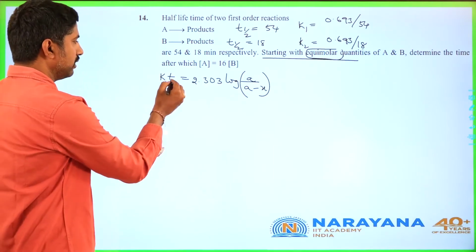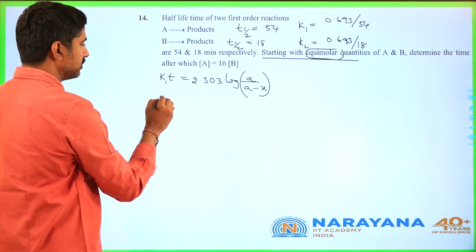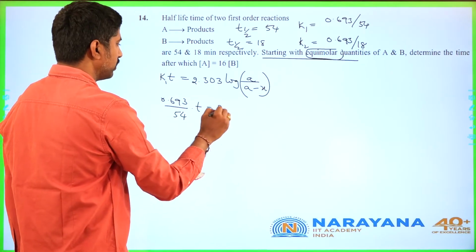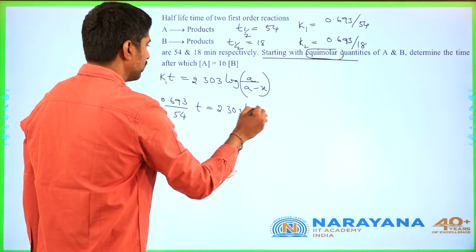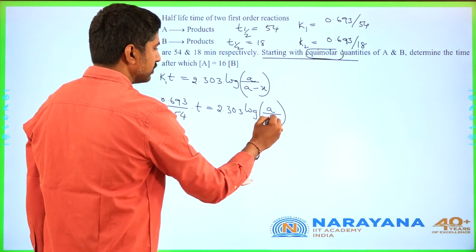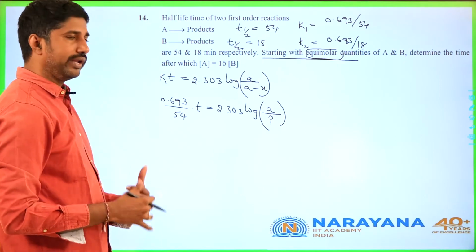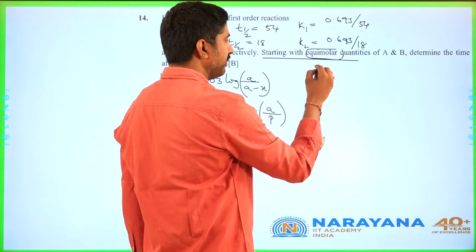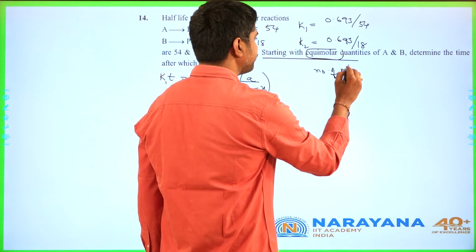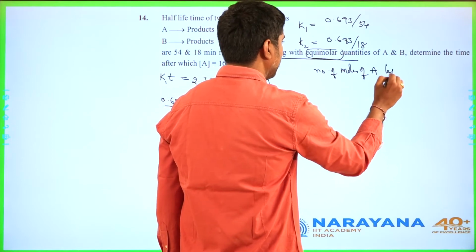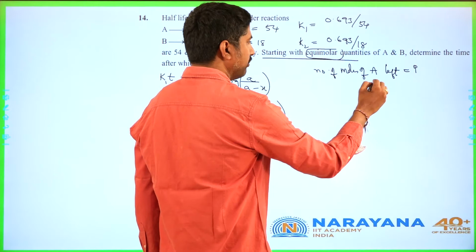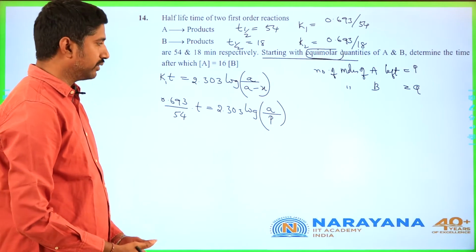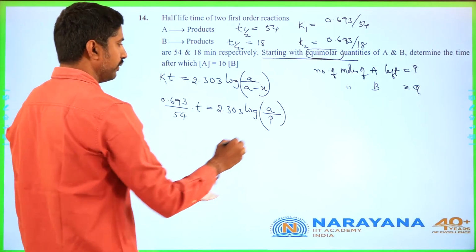Now apply: K1 is 0.693 by 54 into T is equal to 2.303 log A by P. I am taking P as the number of moles of A left over after a certain time interval, and the number of moles of B left I am taking as Q for our calculations. So I am taking this as equation 1.